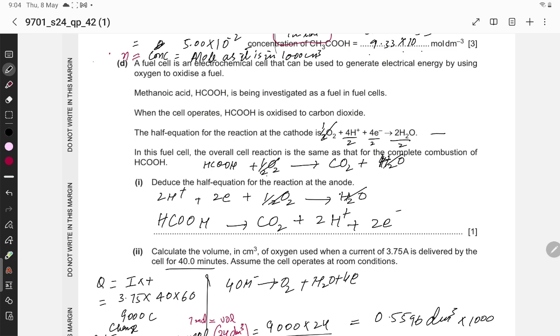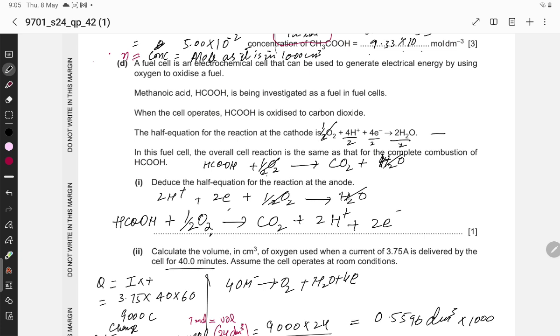So by using these two equations, 2H positive plus 2 electrons plus half O2, half oxygen is cancelled out.